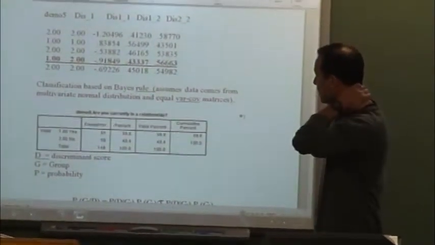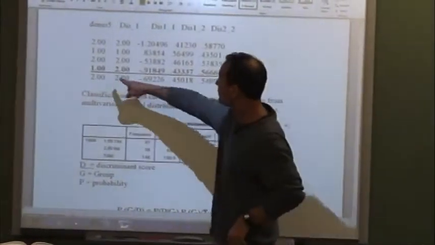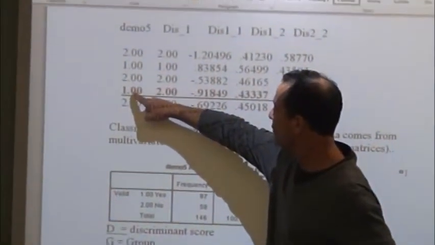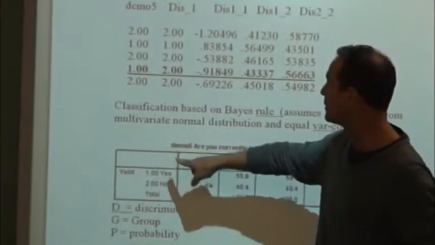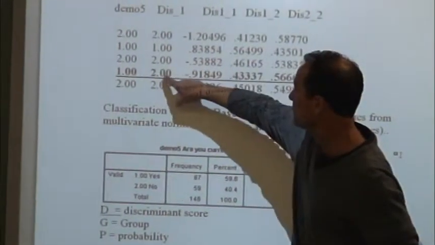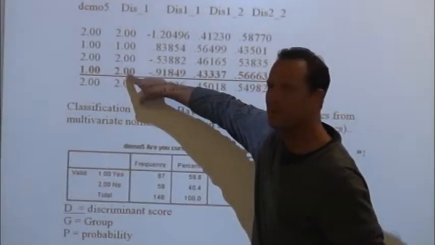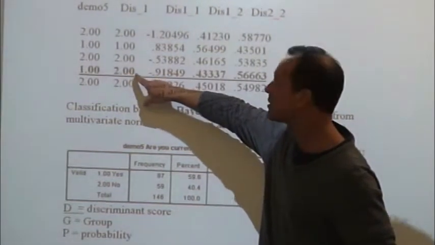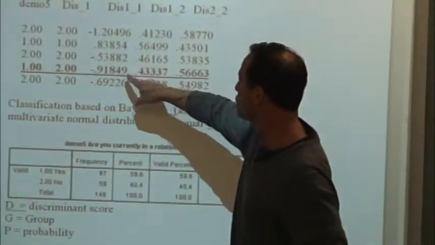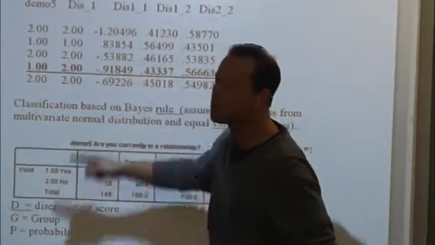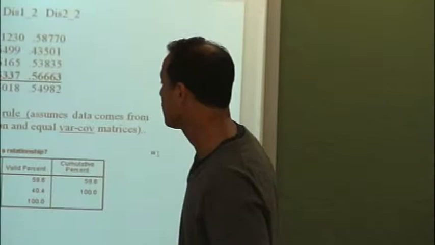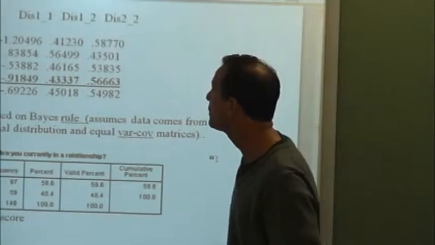So for this person, do you see that they're in a relationship? 1 equals yes. And guess what they ended up in? Not. So we misclassified that person. There's their discriminating score, and remember, it's negative, which is closer to those that are not in a relationship, even though this person is.